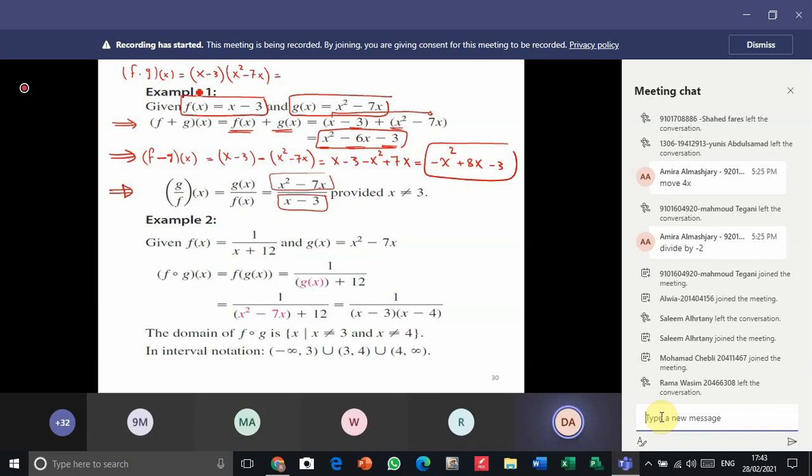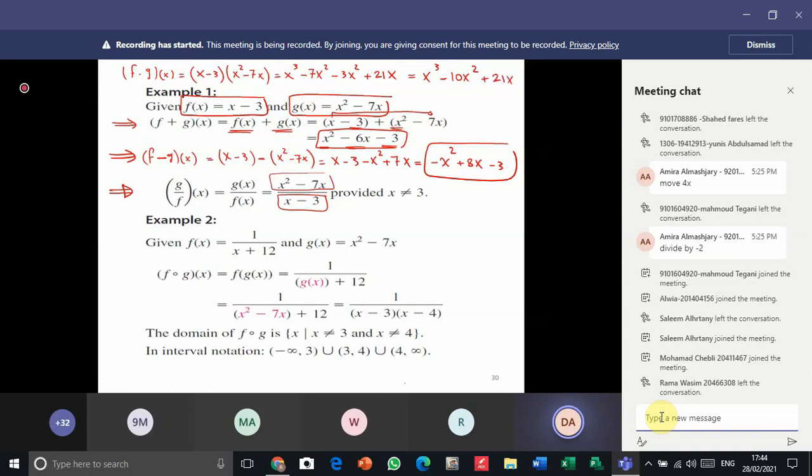So we have x multiplied by x square, x to the power 3, x multiplied by negative 7x, we have negative 7x square, minus 3 x square, negative 3 with negative 7, positive 21x. We can simplify more by adding x square with x square, so we have minus 7 minus 3, minus 10x square plus 21x.